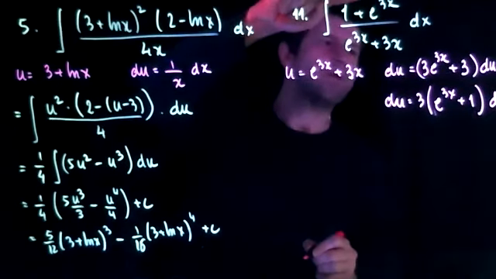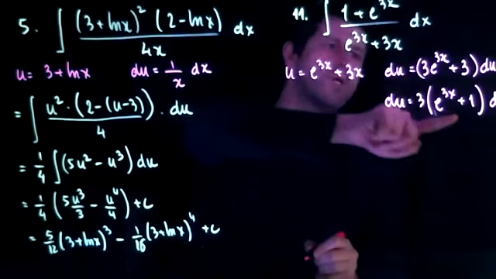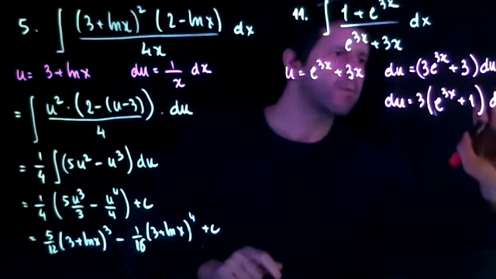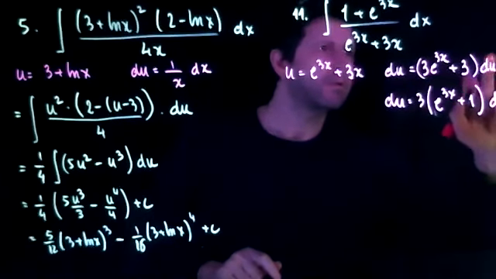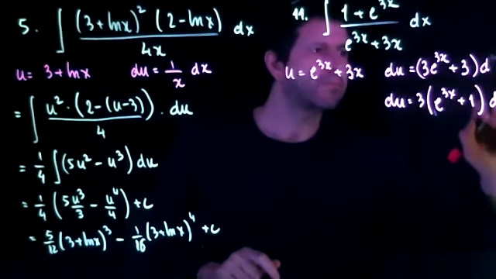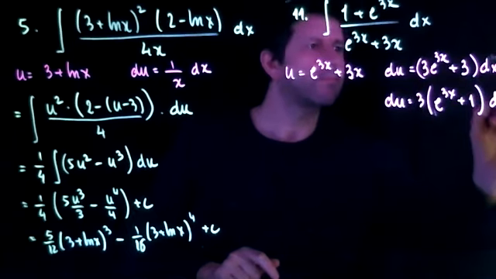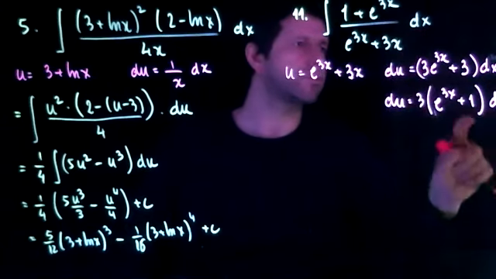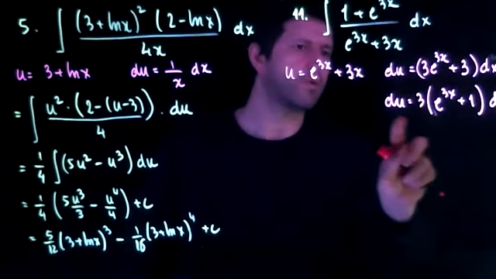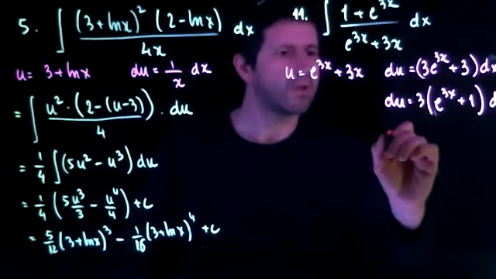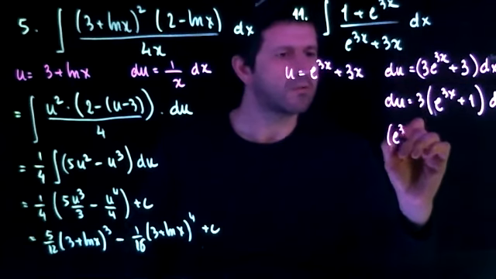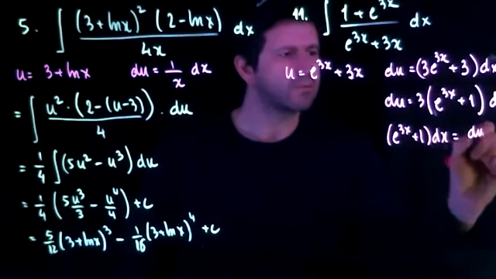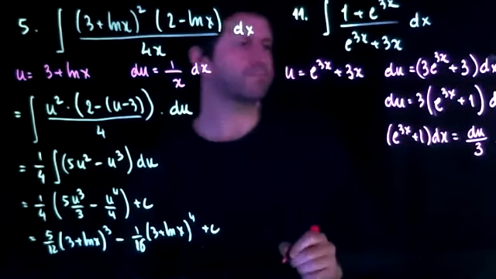Okay, and so I recognize now the e to the 3x plus 1, here it is. e to the 3x plus 1 dx, I got it now, is equal to du over 3.